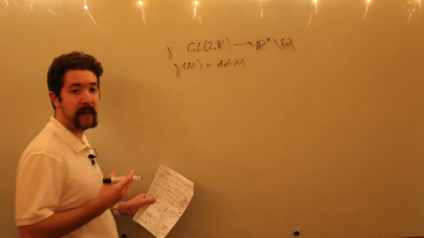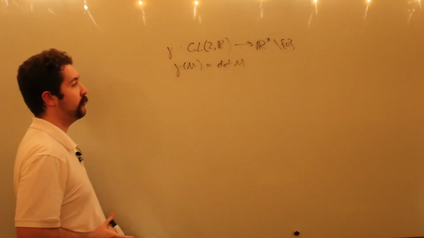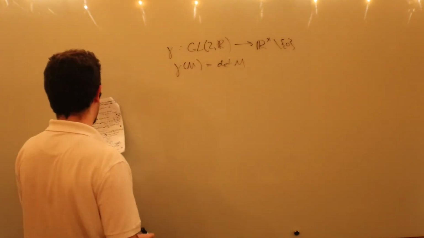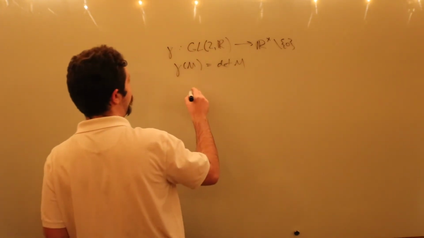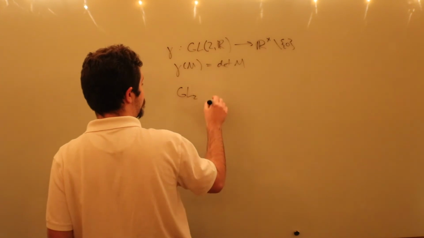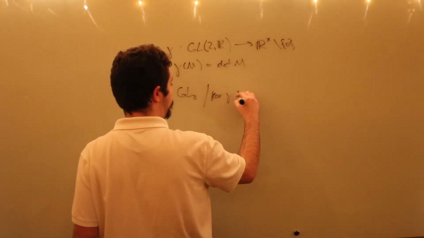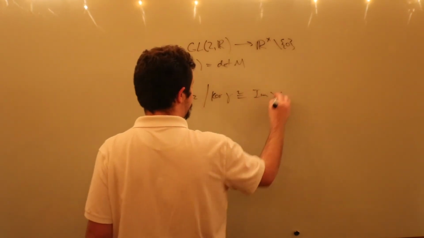This is the determinant map, and we said that that was a homomorphism before, right? So what does the first isomorphism theorem tell us? Once again, we have the same story. GL2 quotiented by the kernel of gamma is isomorphic to the image of gamma.